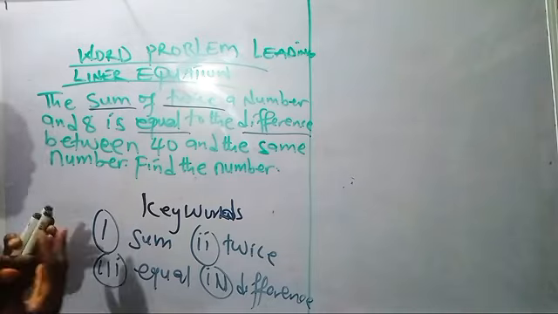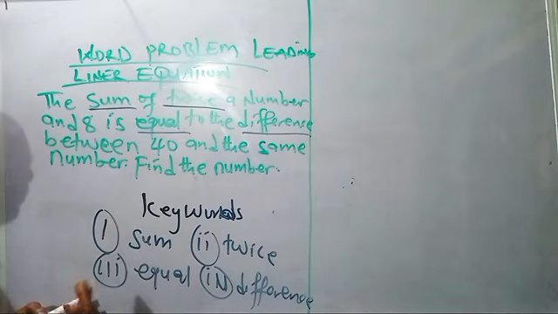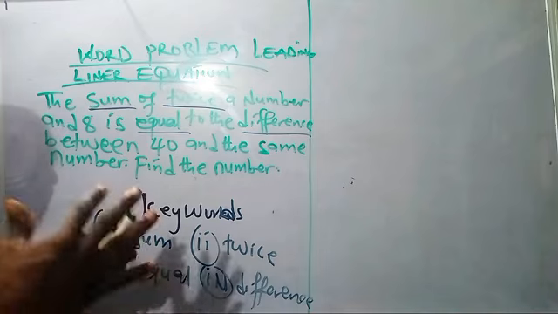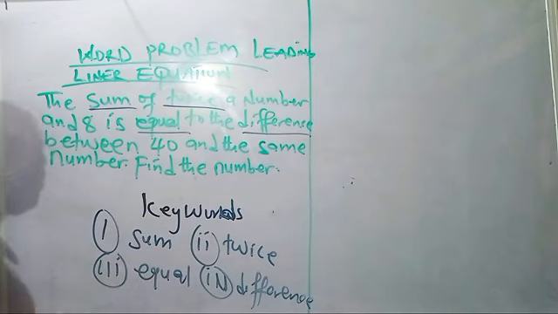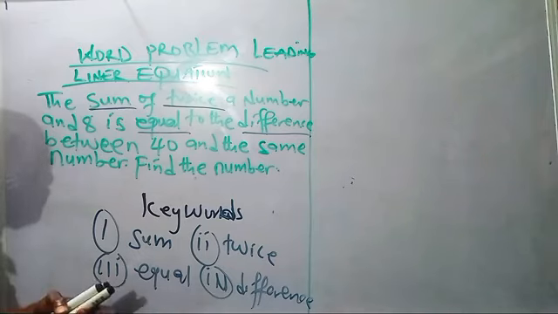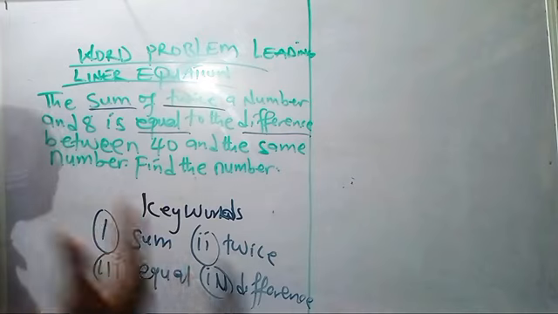A variable in mathematics is what you don't know, so you set the unknown to stand for a particular alphabet.